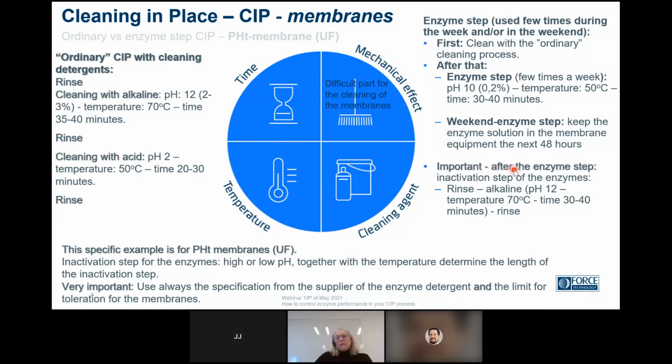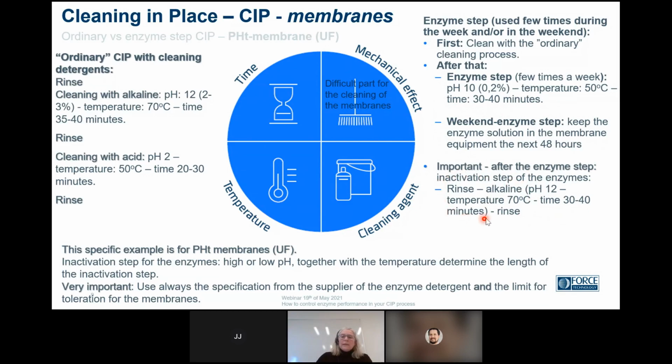Very important after using the enzyme step is the inactivation step of the enzymes. So we have to rinse, and use, in this case, alkaline for a long time, 30 to 40 minutes, and then a rinse in the end.